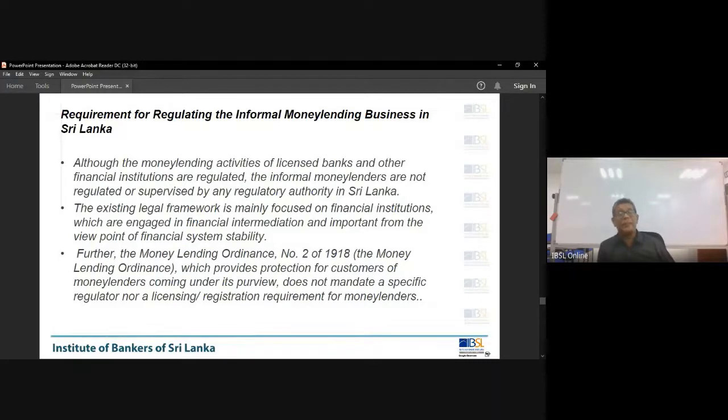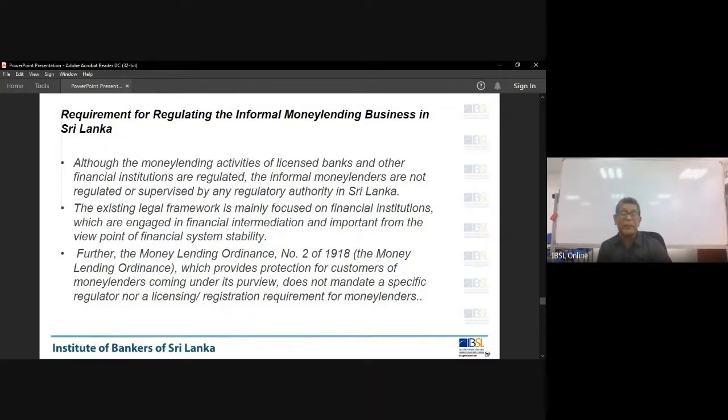At the very beginning, we discussed the microfinance sector. We have a Microfinance Act, but only 4 people have registered and obtained the license to do the microfinance business. But we have plenty of informal money lending business in Sri Lanka, and it has a real impact on the formal money sector.